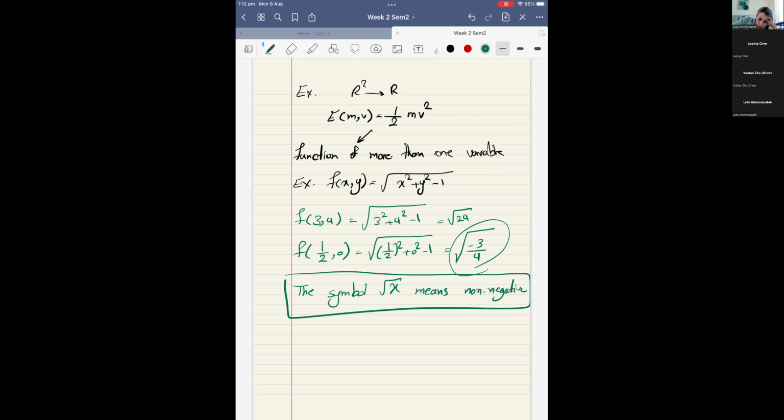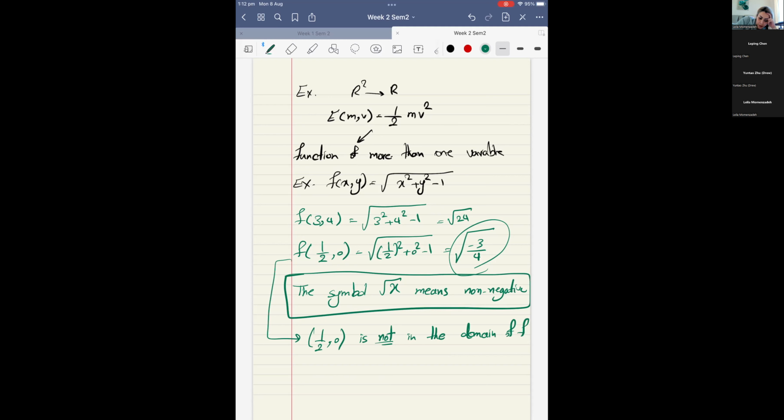It means we should change the domain. It means half is not in the domain. It means that 1 over 2 and 0 is not in the domain of f.